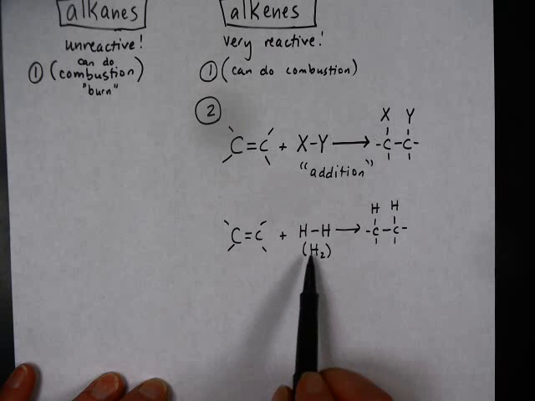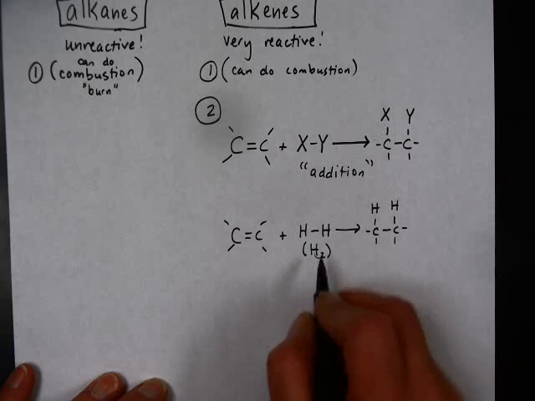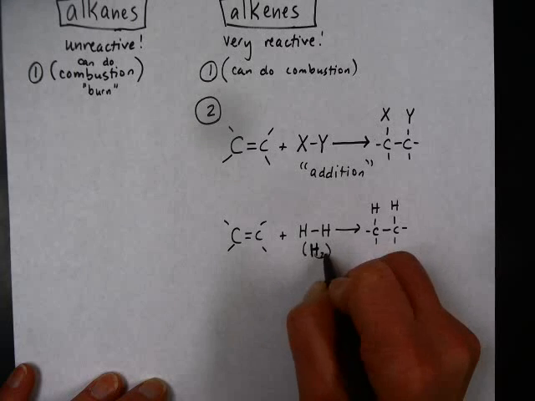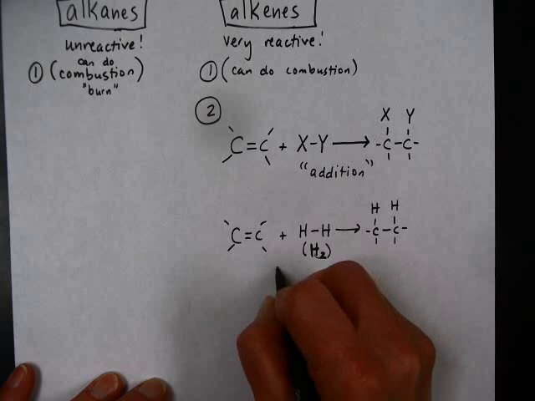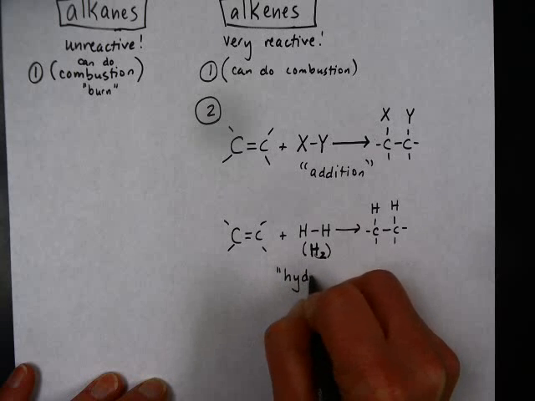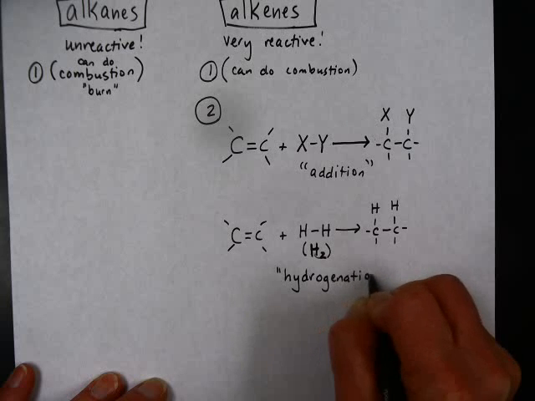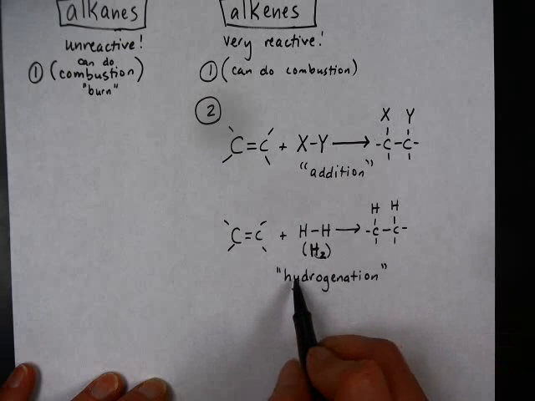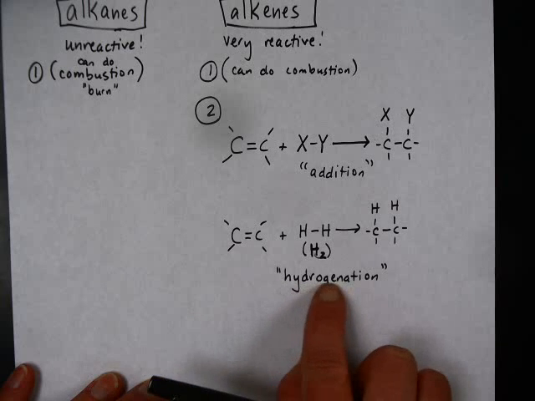Usually you would not write it like H-H, you would write it as H2. H2, hydrogen. And in fact, this reaction is called hydrogenation. You're adding hydrogen. The word is right there, hydrogen.